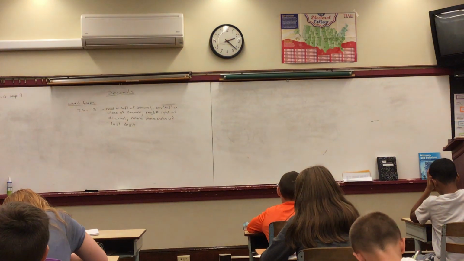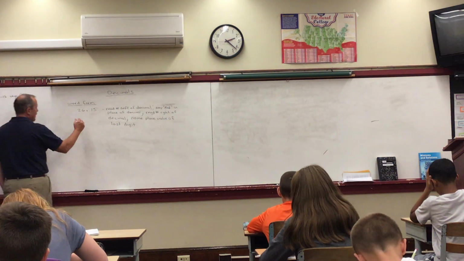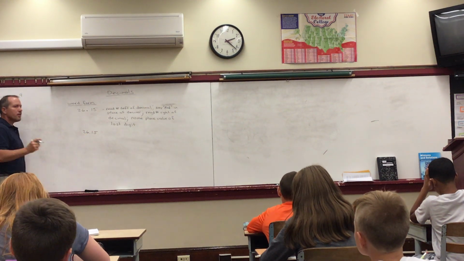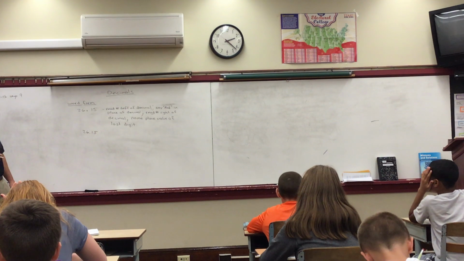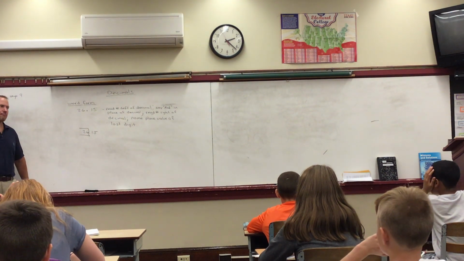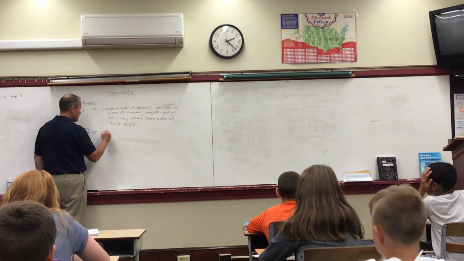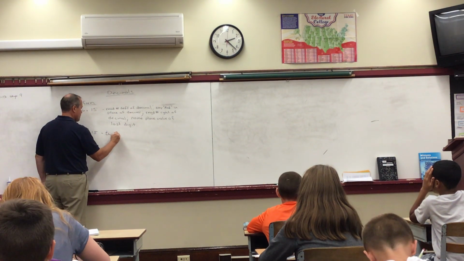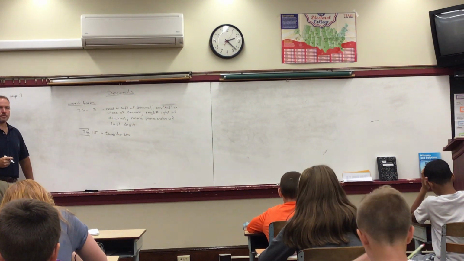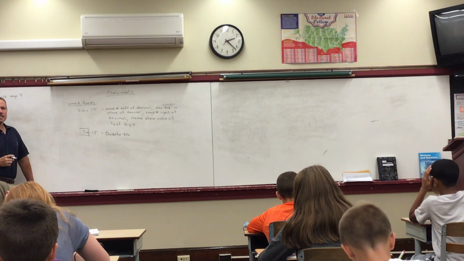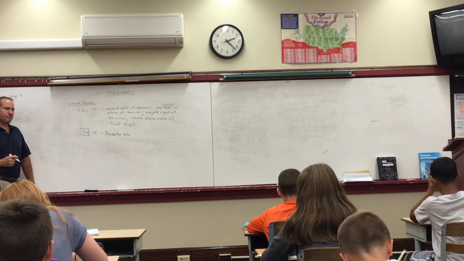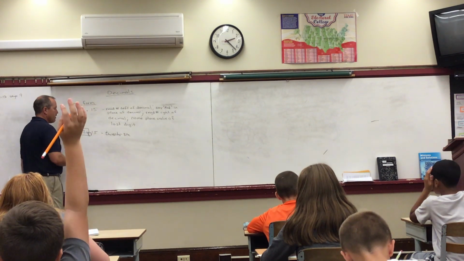So, if we have this number, the first part is we're going to read the number to the left of the decimal. That is 26. The next part we're going to do is say the "and" in place of the decimal.